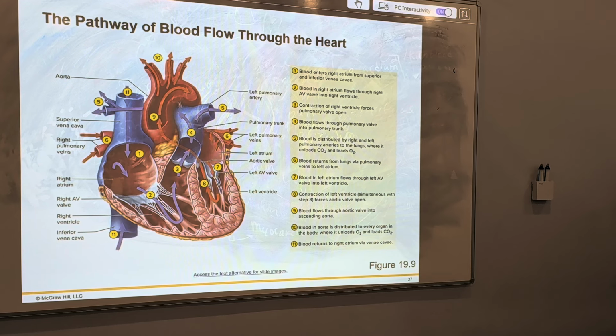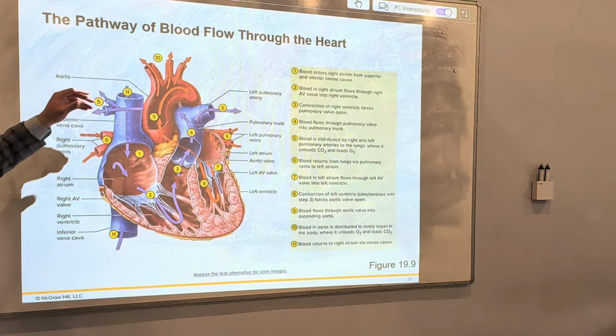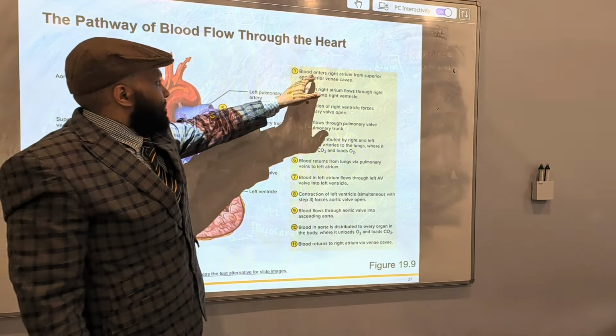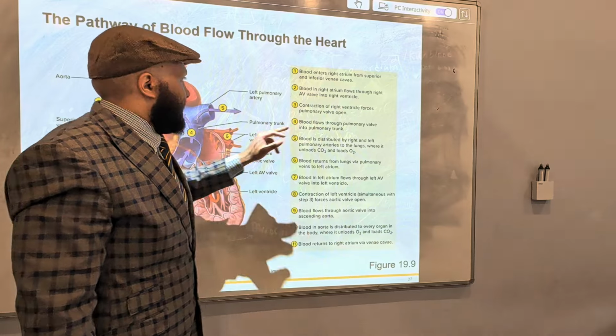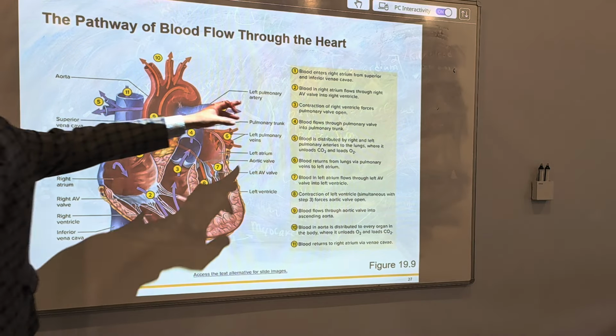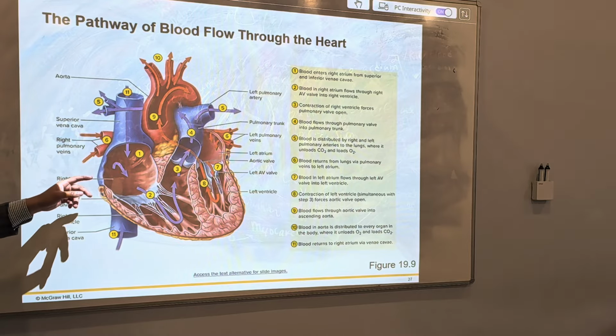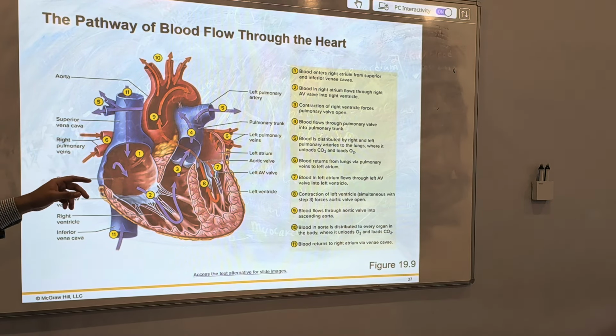It shows you exactly how blood moves dynamically inside the heart. Deoxygenated blood enters the right atrium from the superior and inferior vena cavas. Then the blood in the right atrium flows through the right atrioventricular valve into the right ventricle.